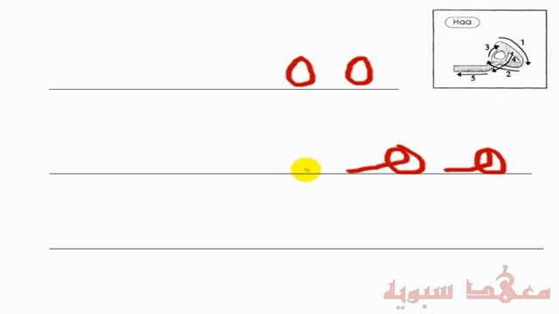Now the medial form is as follows. It's a bit different, and this is where it's a bit complicated. You start from the previous letter, and what you do is you go down, down, and you come back up, and then you come like this. I'll do this again.